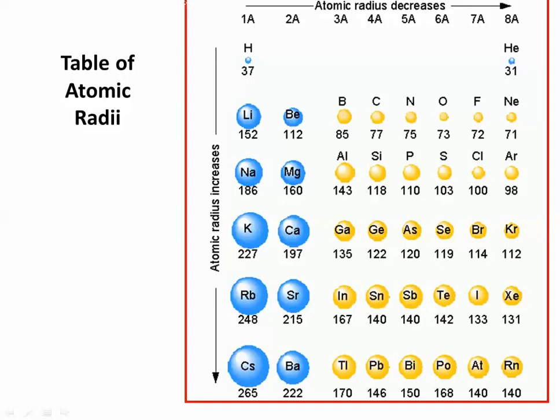So basically, as you go down any of these groups, atomic radius increases. As you go across, atomic radius decreases. Now, you're going to see a couple exceptions to these rules, but we're just interested in these general rules and how they work.